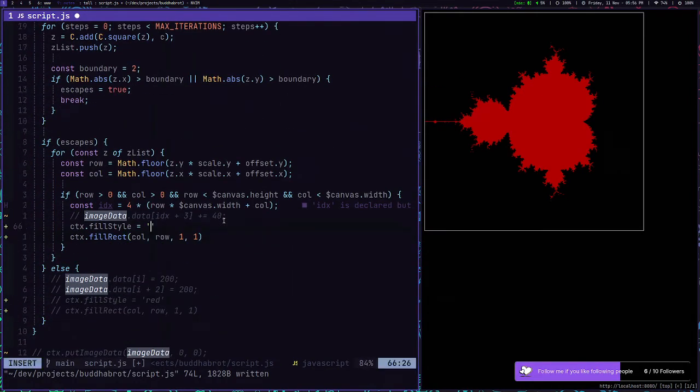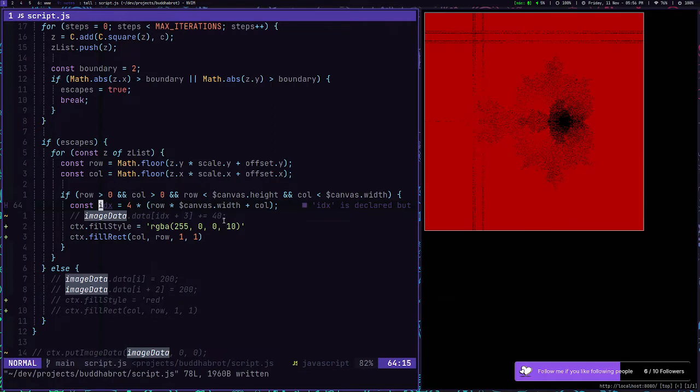We fill it with RGBA 255, 0, 0, 10. I hope that's how it works, like it layers on top of each other, but can't be sure. Let's see.